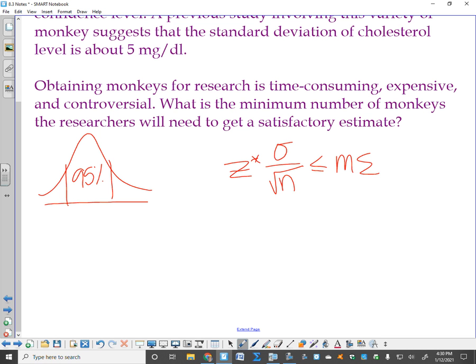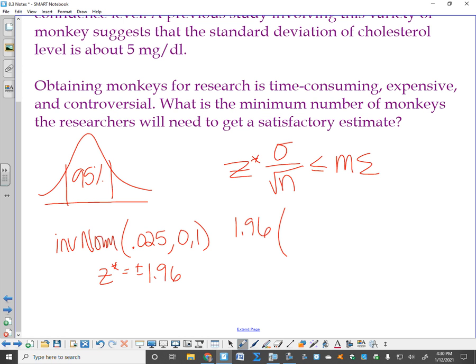Okay, so Z star. Well, I want to be 95% confident. Now this is Z star, so I'm now doing inverse norm of 2.5% with a mean of 0 and a standard deviation of 1. That's going to give me a Z star of 1.96.